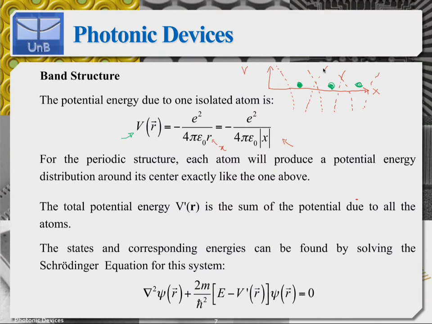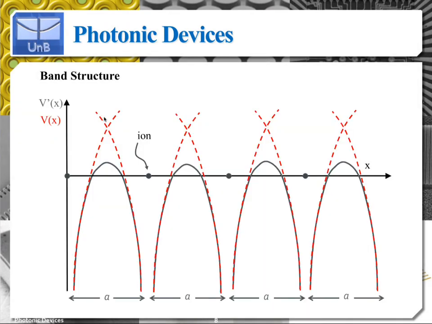So the actual potential energy is going to be the sum of all of these curves. This is better illustrated here. You have the red curves, the nuclei of the atoms, and the potential energy that the electron is going to see is the sum of the dashed red curves, which is the gray curve right here.